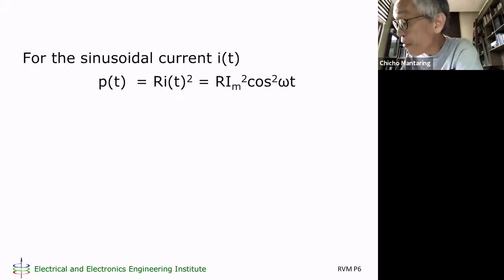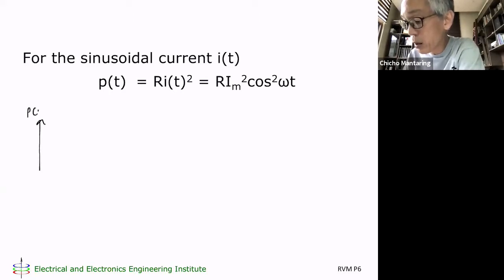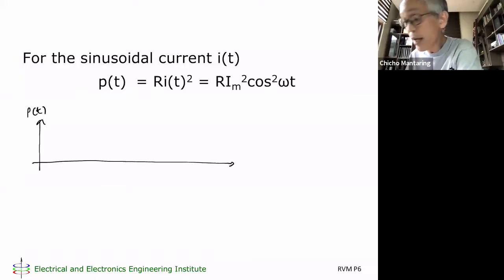Now, what is the average value of the power? This is a function of time. In fact, what will this look like? Ano magiging itsura nito? Let's try to plot that piece of t. It's going to be I squared.